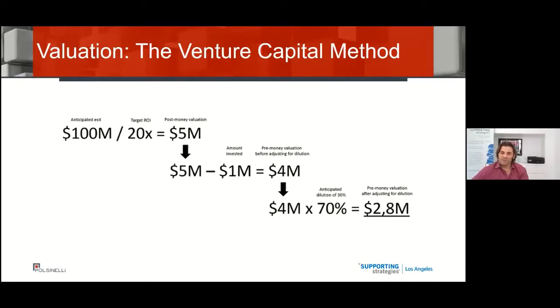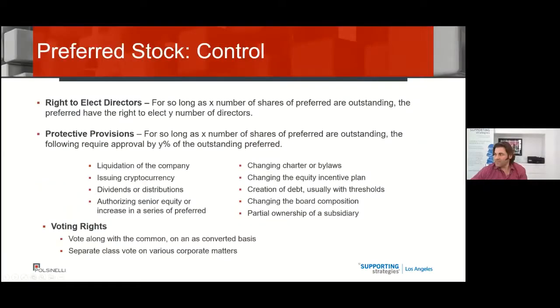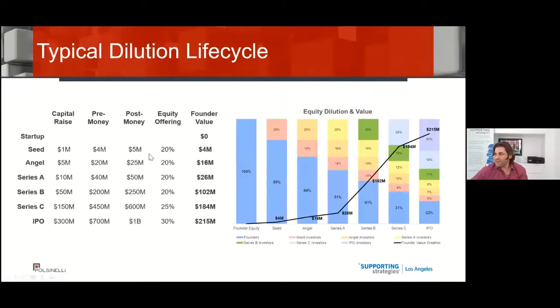Usually, as you can see from this graph here, it's common to give up about 20% of the equity in the business at each capital raise. The new money gets 20% of the business, and everyone who was already on the cap table gets diluted by 20%.